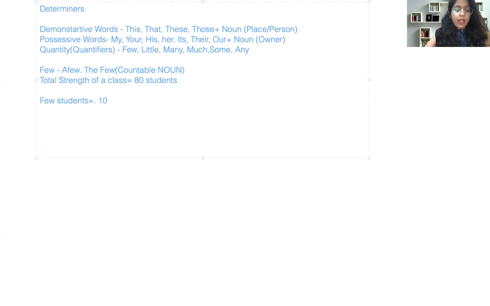And then a few students would be 12 or 15. When we talk about the few students, they are immensely less in number. So they can be 1, 2, or 3. So the few students is the least quantity that is determined here. So that's how we can use it with the determiners.